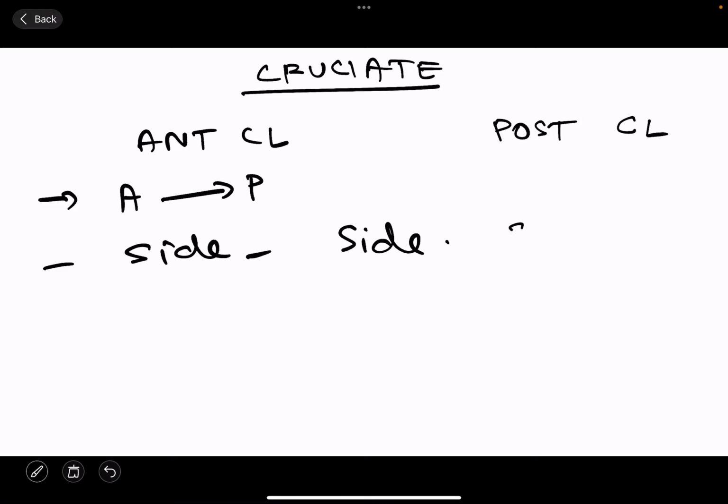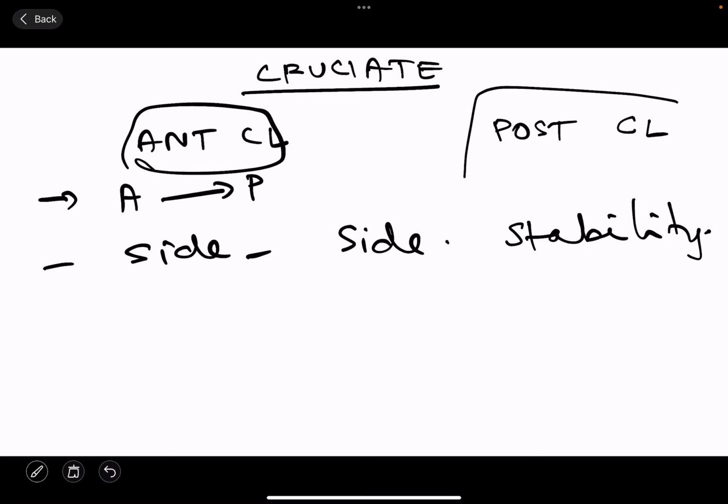So they provide very good stability of the knee joint. When you compare the attachments of the anterior and posterior cruciate ligaments, both are attached to the intercondylar area of the femur above and the intercondylar eminence of the tibia below.